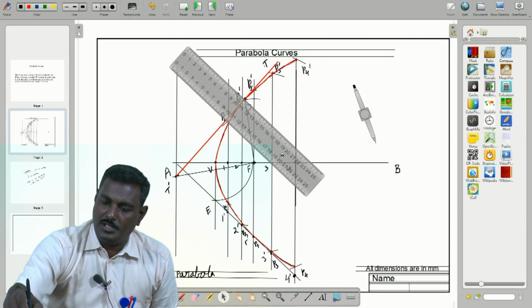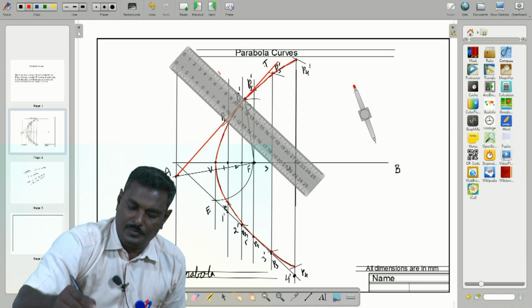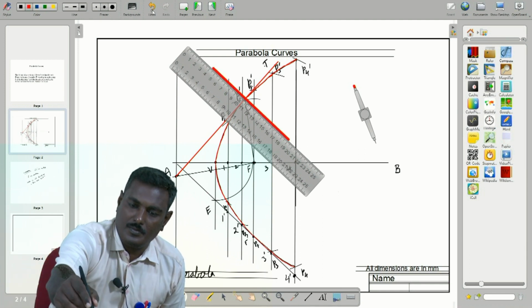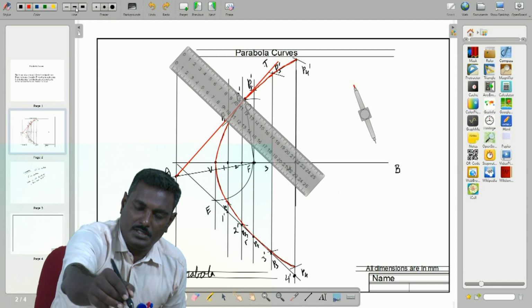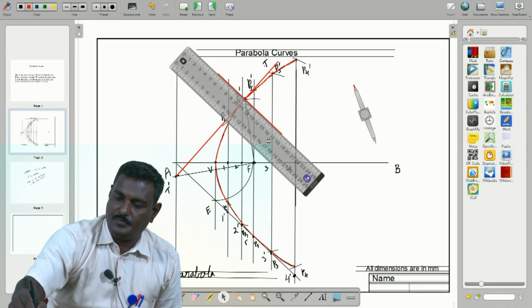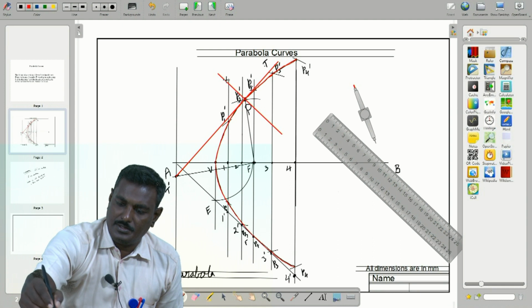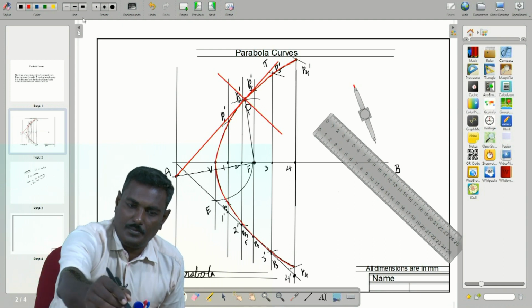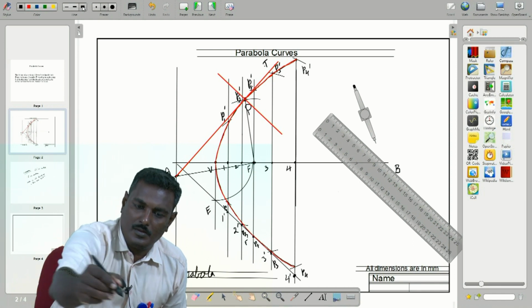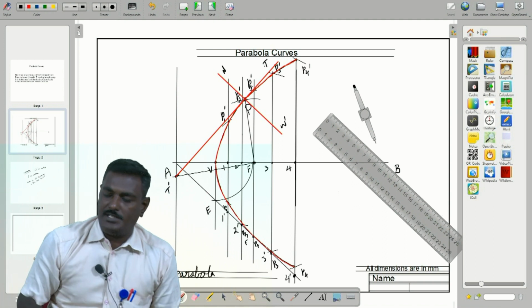Now draw the normal straight away using the H pencil. This is the normal, N dash.